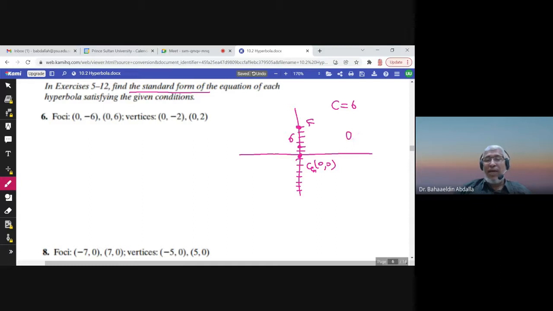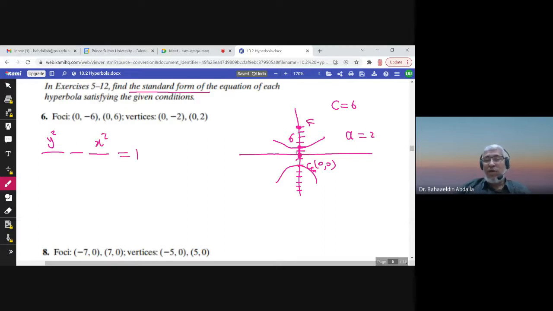So a is 2 because the distance from the center to the vertex is a. So here is the vertex and the graph is like this, and the foci are inside the hyperbola. So what kind of hyperbola is this? Vertical. So the equation is y squared over a squared minus x squared over b squared equals 1.